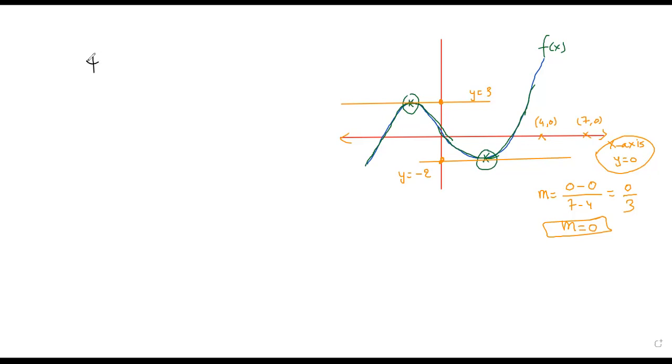Means the gradient for the line y equals 3 is 0.